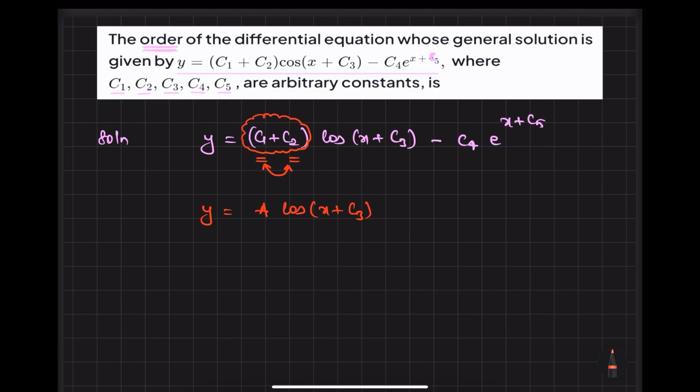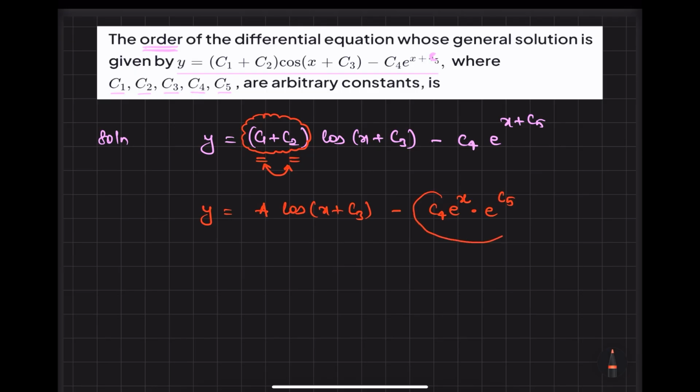But look at this situation. Can I write this thing as c4 e power x and then minus c4 e power, okay. So we have, wait a moment, power is added, so the base must be the same, so e power c5.